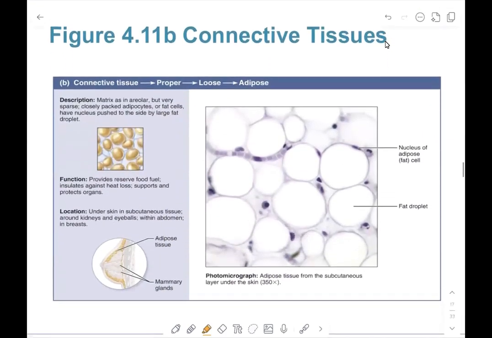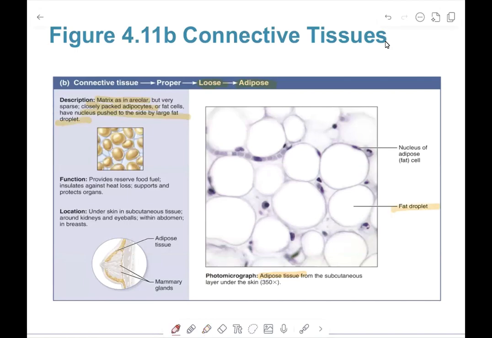The next type of loose connective tissue is adipose tissue. And adipose tissue means that it has the cells called adipocytes in them. And the matrix is like areolar. They're closely packed adipocytes. And what happens is that the nucleus is actually pushed to the side by a large fat droplet.